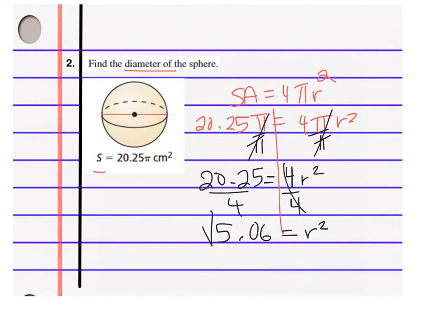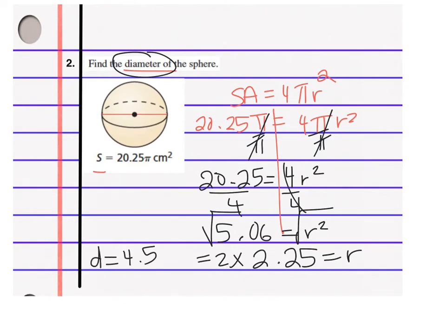The opposite of that is taking the square root. So 2.25 is my radius. The question is asking for diameter, so I need to double that. 2.25 times 2. And diameter is going to be 4.5 centimeters.